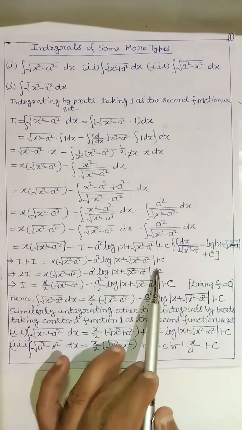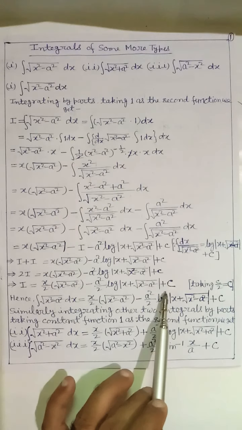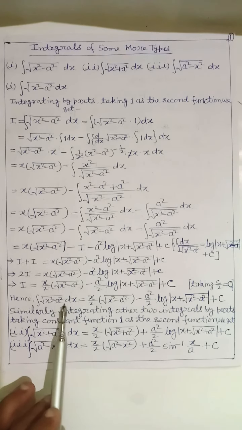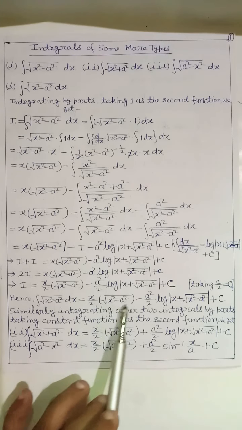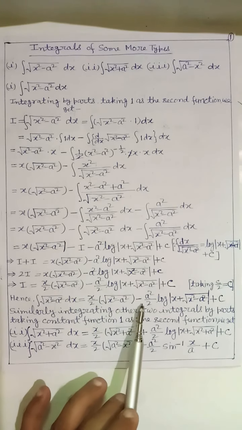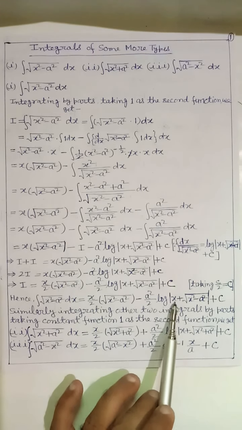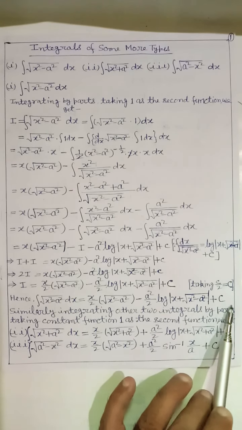So c by 2 is also constant, and after that we have written capital C. Hence, integral of square root of x square minus a square dx is equal to x by 2 into square root of x square minus a square minus a square by 2 log of mod x plus square root of x square minus a square plus c.